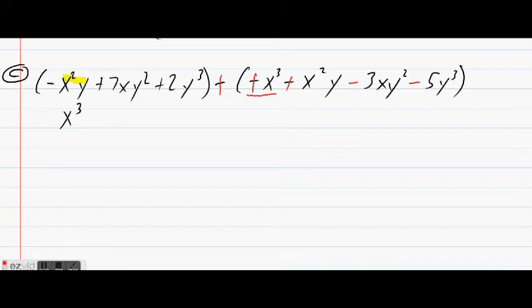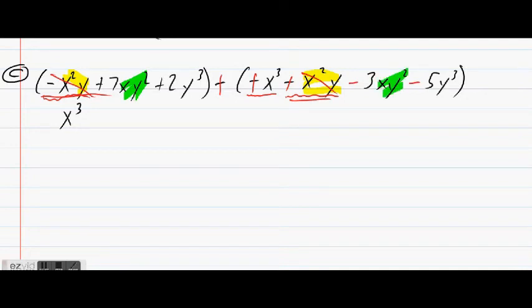And now, checking for like terms again: x squared y to the first, x squared y to the first. I have negative one of those, positive one of those. They cancel each other out. So we move on.